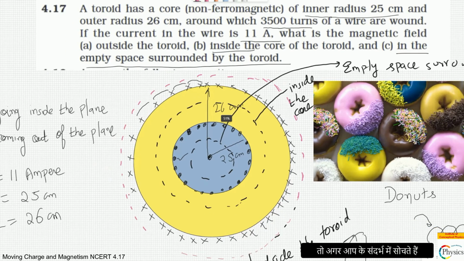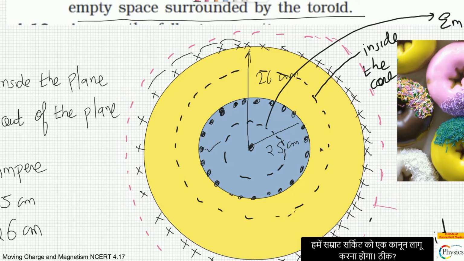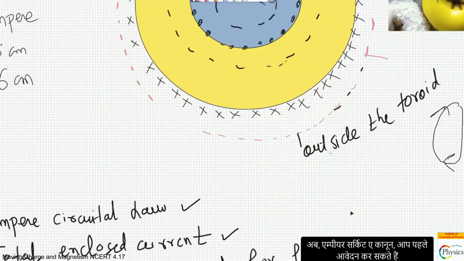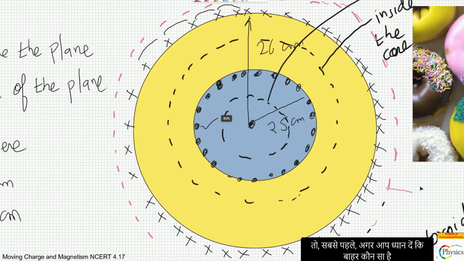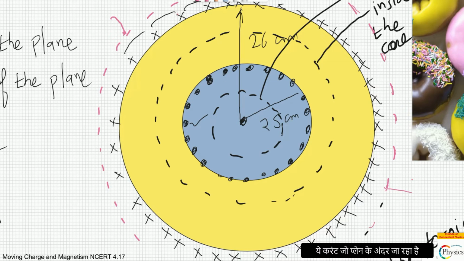So if you think in terms of outside the toroid, we have to apply the Ampere circuital law. Now first focus on the directions of the current enclosed. If you notice outside, the bigger red circle is being referred to. You have some current which is going inside the plane, and associated with the same current is a current which is going outside the plane.